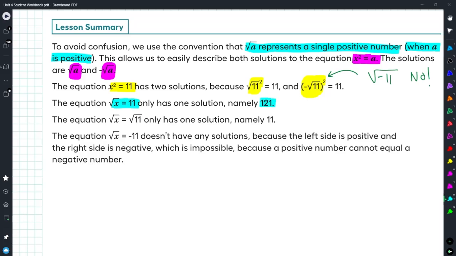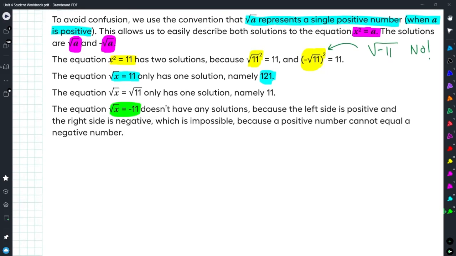And it's 121 because if we were to square both sides, we would just get 121 is equal to x. It's one solution. And then, like we talked about, the square root of a number can't equal a negative value, so it has no solution because we can't square a number, raise a number to a second power, and get a negative result.